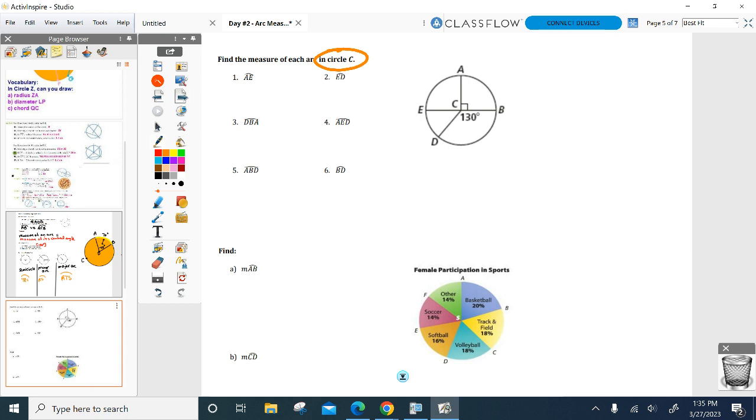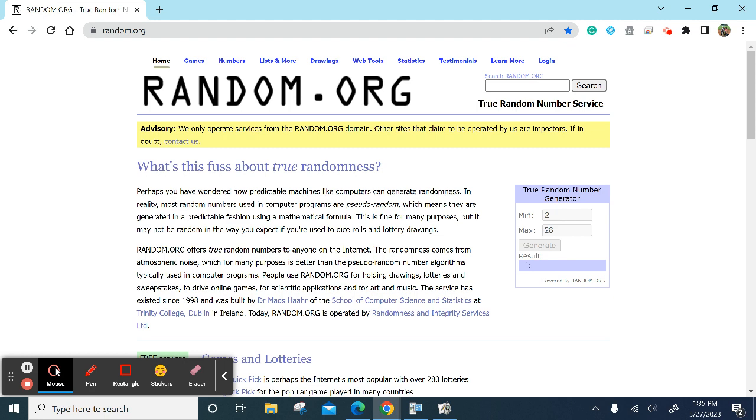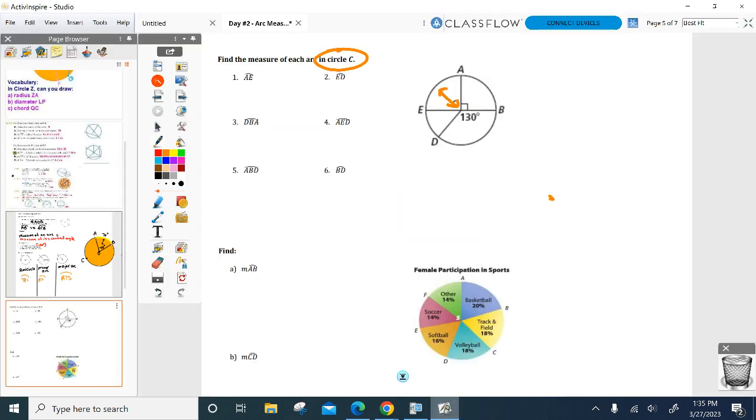However many degrees in arc AE is the same as angle ACE, right? That's a central angle equal to its arc. How many degrees in ACE? 90 degrees. So that means there's got to be 90 degrees in arc AE. All right, so go ahead within your group by yourself. Go ahead 2 through 6. Follow the order of the letters.